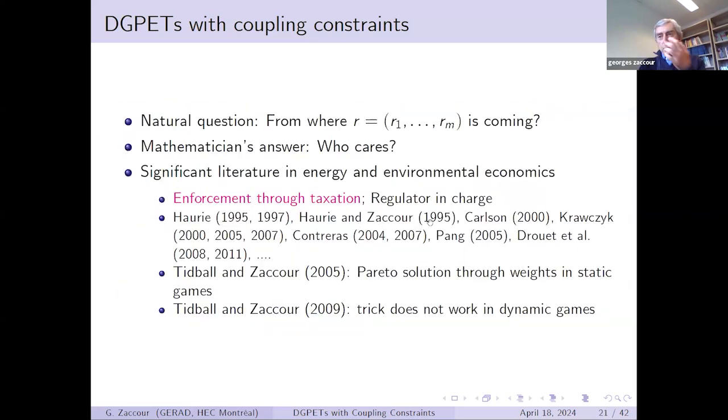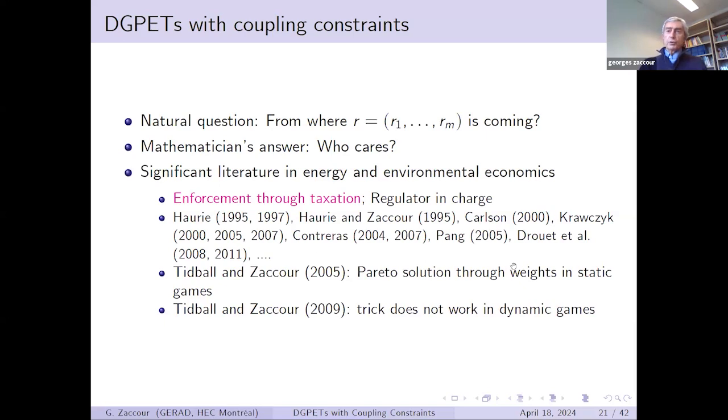Because the regulator can enforce this, and the choice of the weights can then be determined, for instance, by which player is polluting more, or which player finds it easier to reduce pollution, and so forth. So here the choice of the vector will depend on the story that you are telling. And this literature is almost now 30 years old.